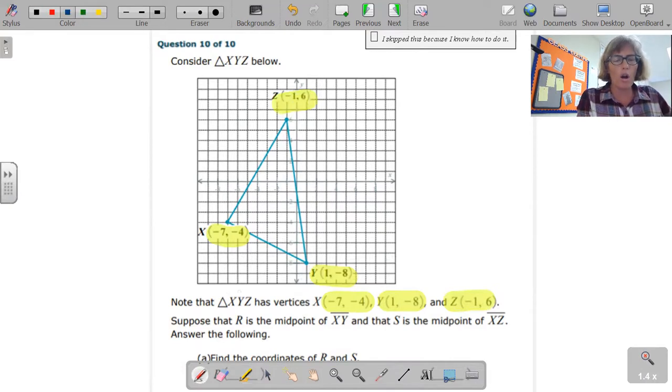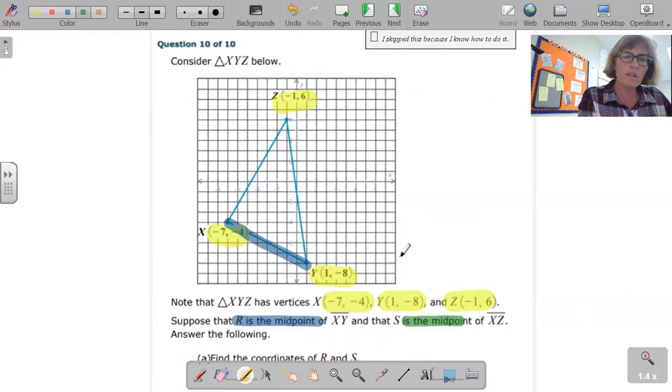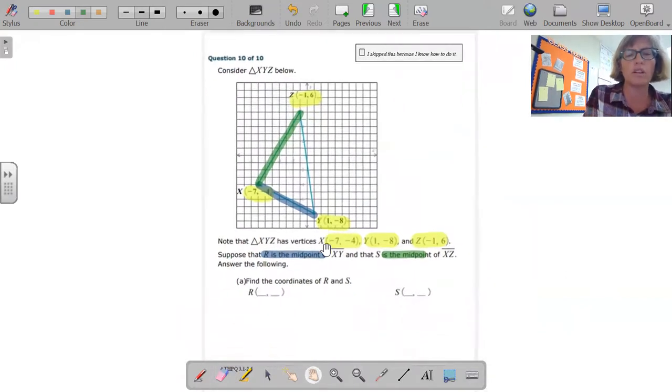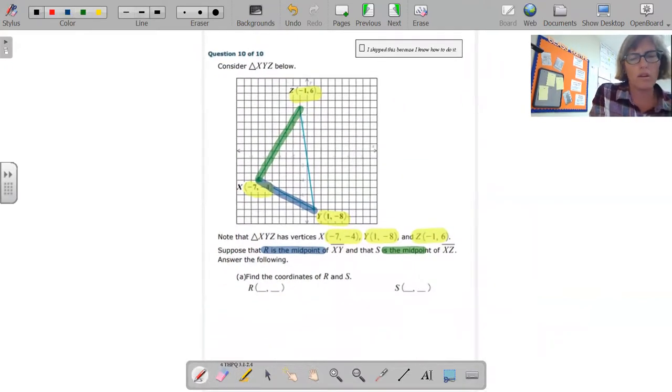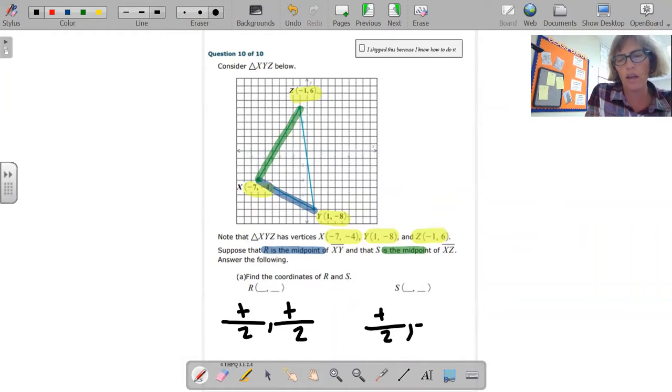We're going to find R, the midpoint of XY, so we find the midpoint going this way and label that R. And S is the midpoint of XZ, so S is the midpoint going this way. That's S. So we're going to have to find the midpoints of each of these. So step number 1, add the X's, divide by 2, add the Y's, divide by 2, add the X's, divide by 2, add the Y's, divide by 2.